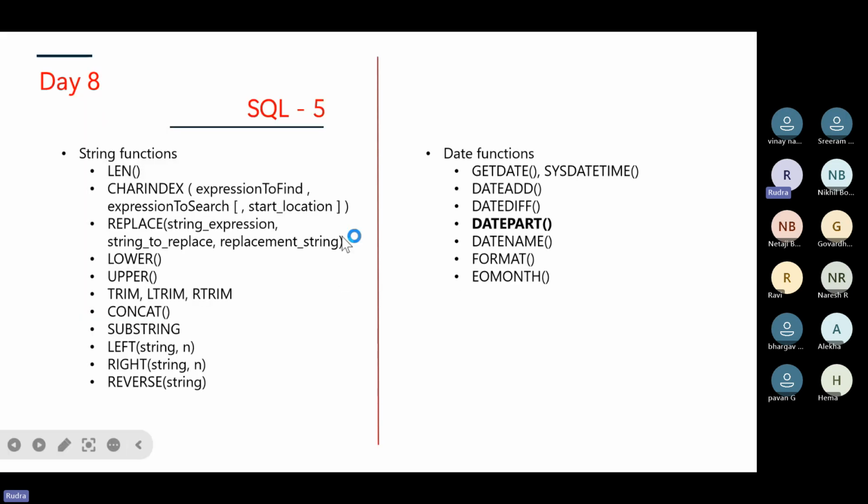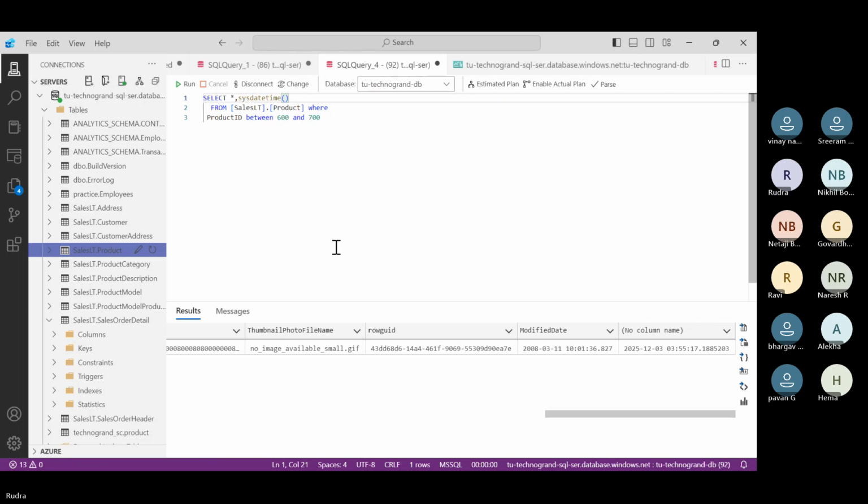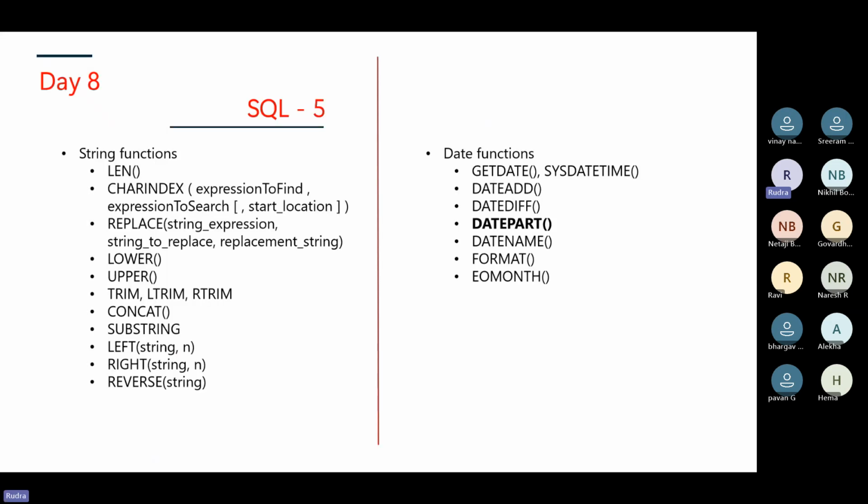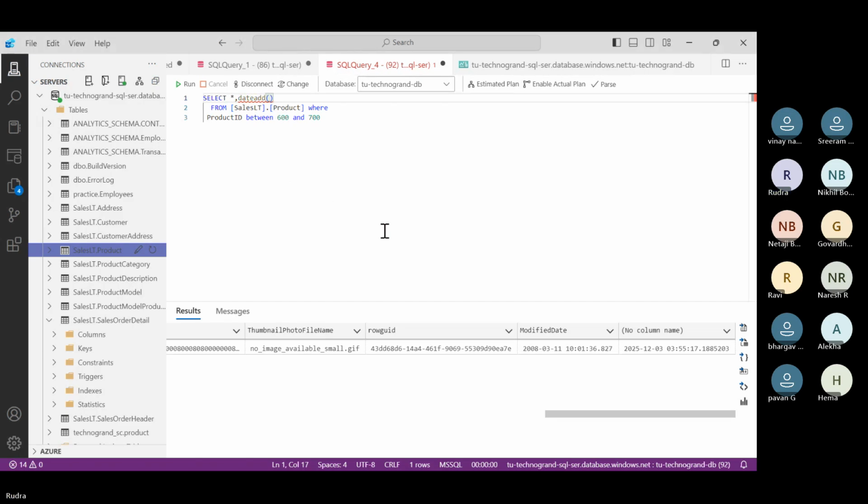Similarly, I'm having a modified date, and to this I want to add some days or months or some years. So you can use the dateadd function. You don't need to remember everything, but you should be aware that there is a function dateadd.